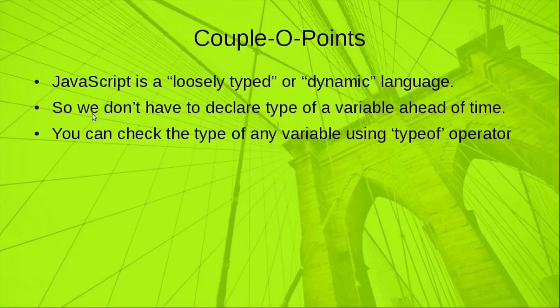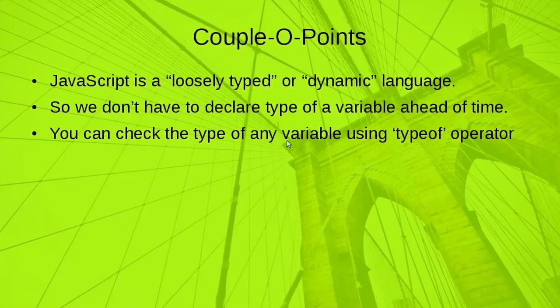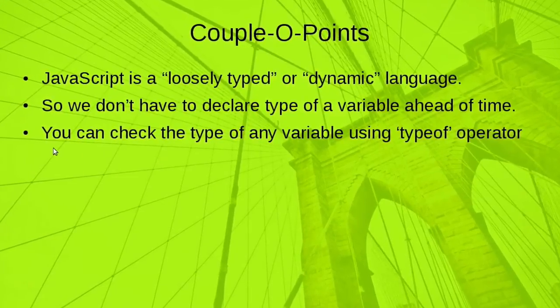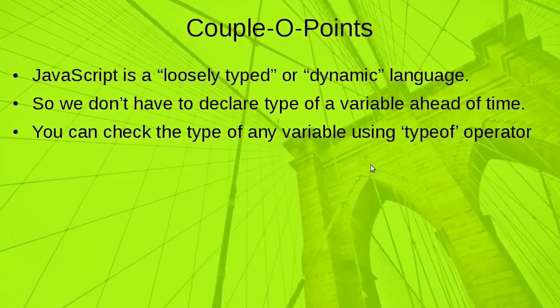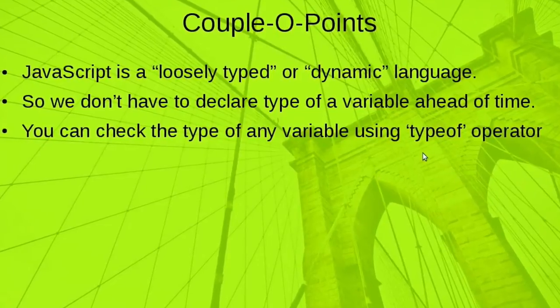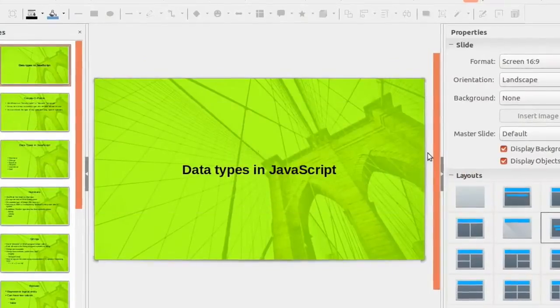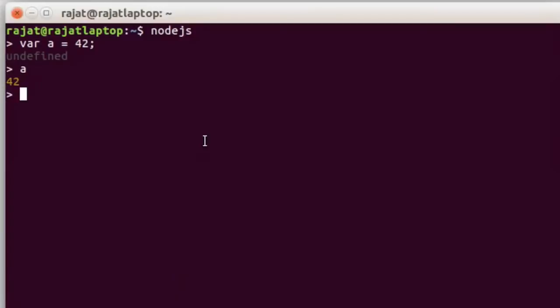The second point is the same which I have described previously, and you can check the type of any variable using the typeof operator. So let's switch back to Node.js again, and if we want to check the type of variable a, we should write typeof a. As you can see, the type of a is number.